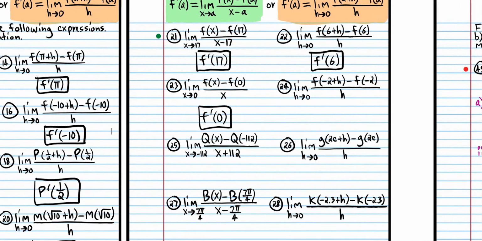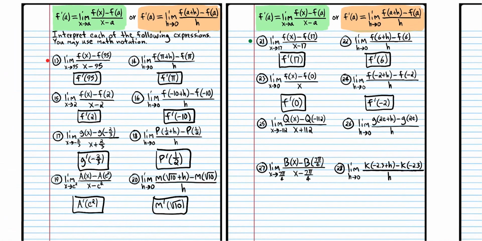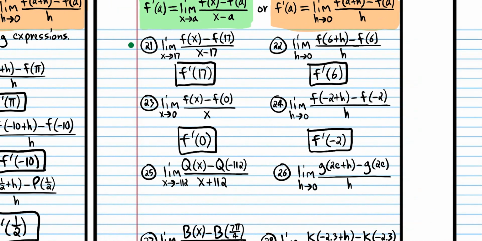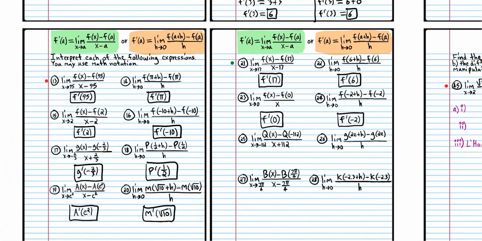Okay, we're back. So this expression represents the derivative of the function when x is equal to -2. So for number 25, again, it's kind of confusing because we have x plus 12. That's because it's a negative number, so x minus -12 is x plus 12, so just be aware of that.